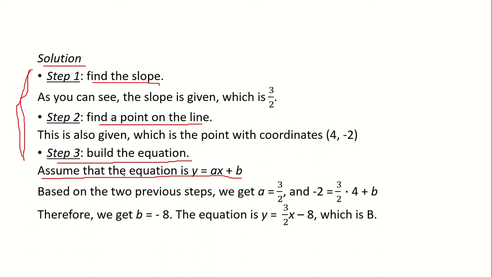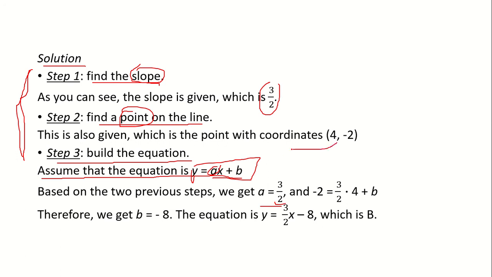And finally, we have to build the equation. Firstly, we assume that the equation is in the standard form here, and plug in the slope and the point. Remember that the slope is represented by a, so a is equal to 3/2.